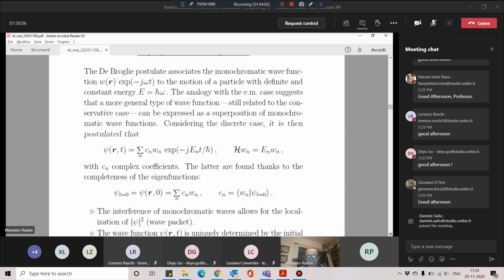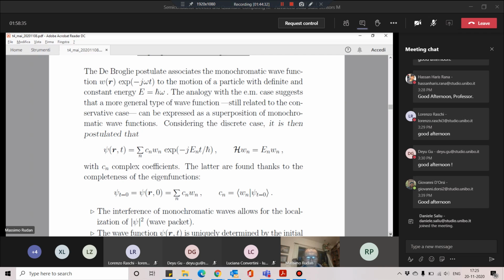Obviously, this is a postulate. And the postulate is easily expressed in the equation that is the first in this page. We postulate that the general wave function corresponding to the conservative case is the sum of monochromatic wave functions.